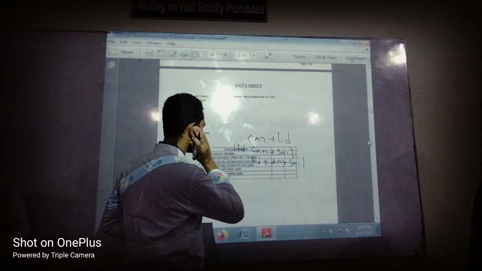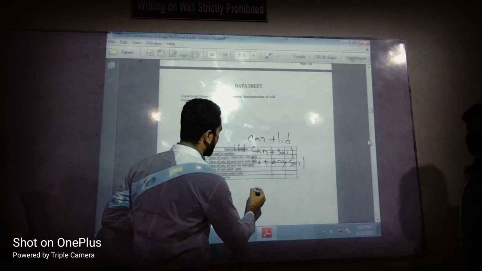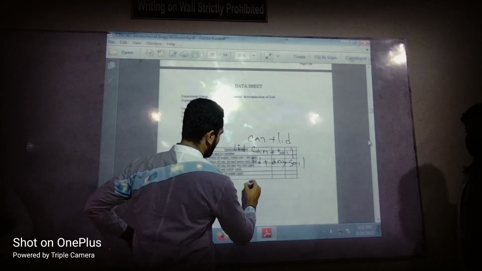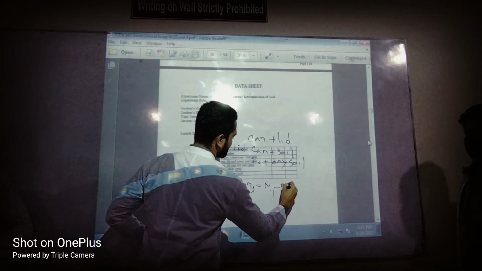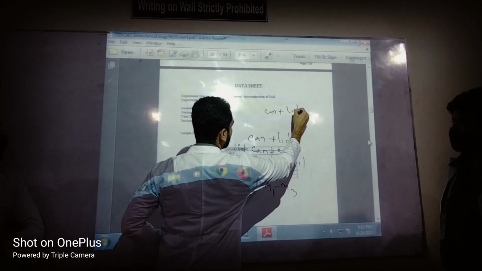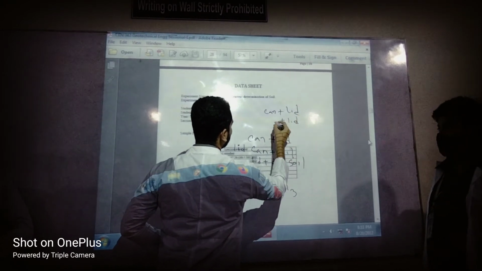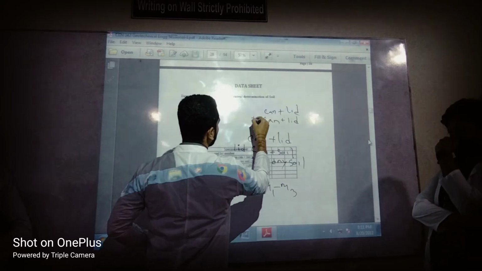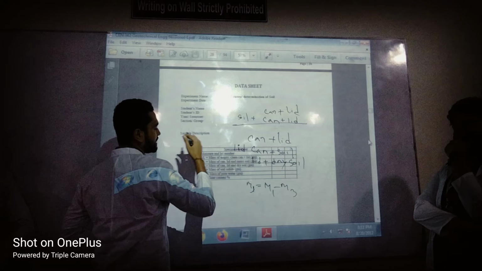I think this procedure would be done carefully. MS is equal to M1 minus M2. With this equation, follow this procedure we mentioned.